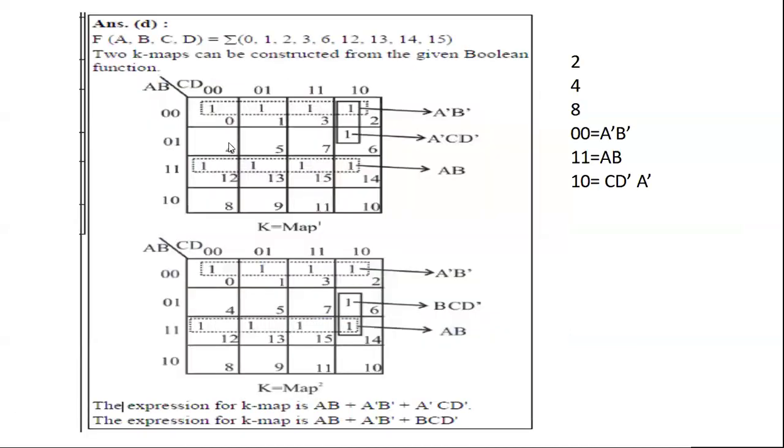This is the solution for this question. Here I have grouped the data they have given: 0, 1, 2, 3, 6, 12, 13, 14, 15. As per these boxes, we have already arranged those values in the K-map.